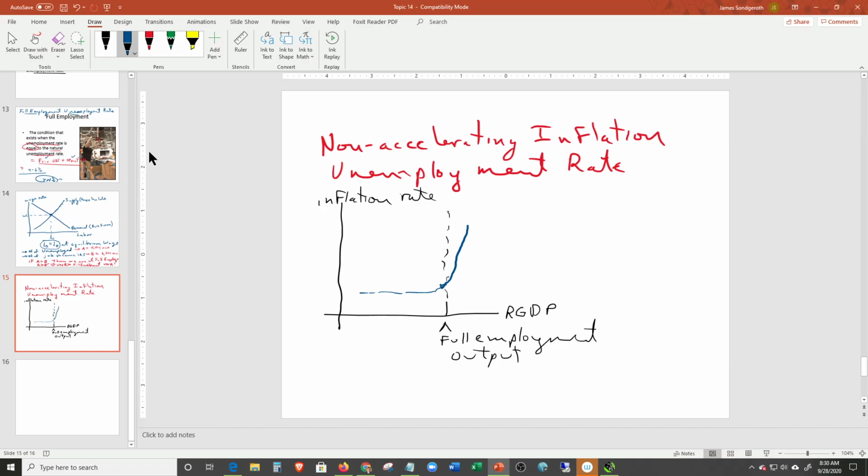So somewhere right in here, we have this transition zone. And whatever the unemployment rate is right at this point is the natural or full employment, natural unemployment rate. And that's called NAIRU.